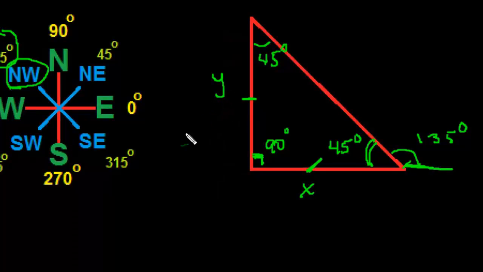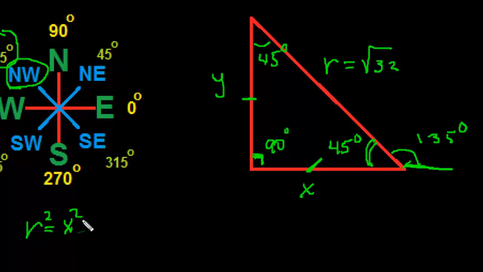We could also use the Pythagorean theorem. This is r, and it equals square root of 32. Using the Pythagorean theorem, r squared equals x squared plus y squared. Since x and y are equal, that would equal 2x squared.